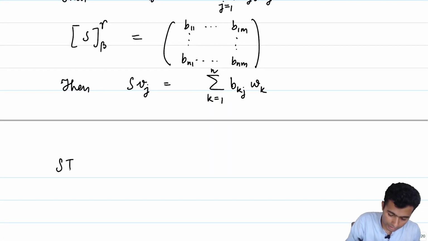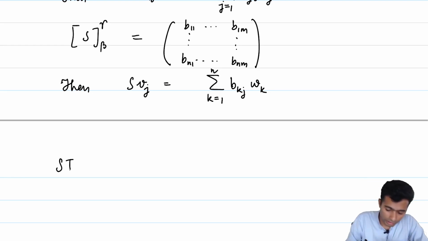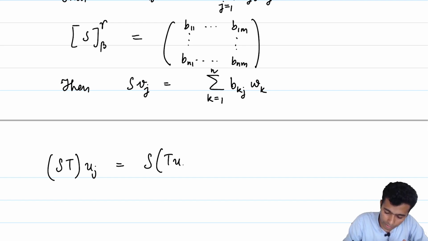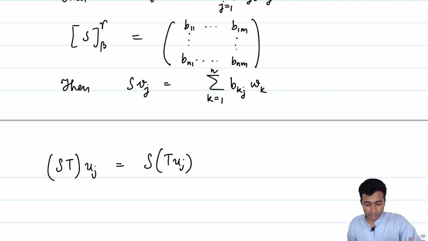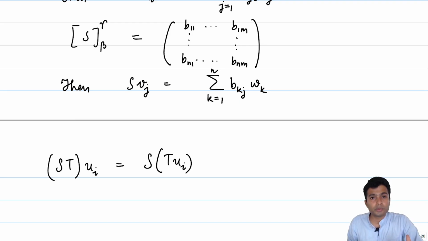To talk about ST alpha gamma, let us look at ST of u_i, so that our indices do not get confused. ST of u_i is by definition S of T u_i, and we know exactly what T u_i is.